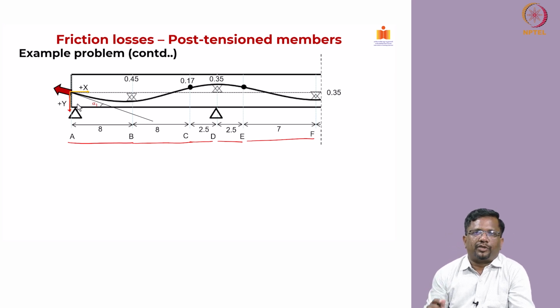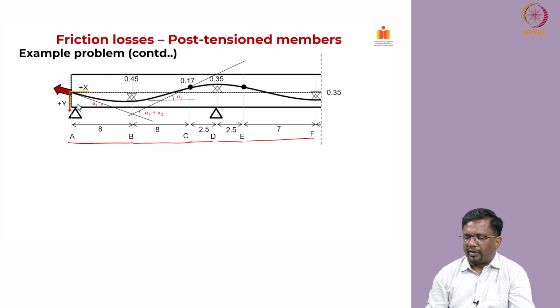Basically, our idea is to find the curvature change of the cable profile in each segment, A to B, B to C, C to D. How much the curvature is changing, that is alpha, we have to calculate, and the wobble coefficient we will also be using.